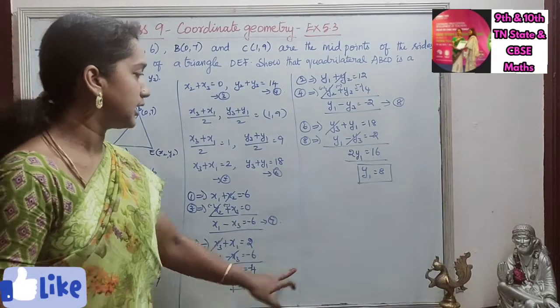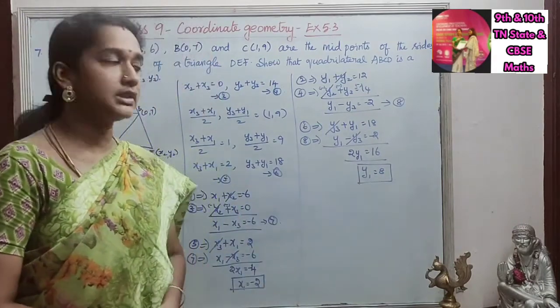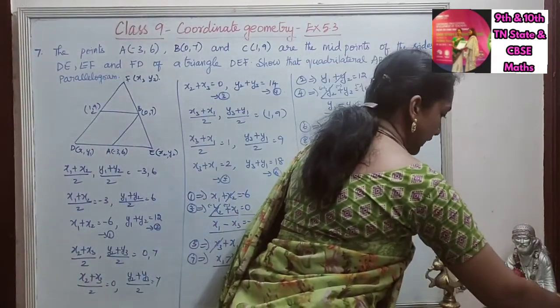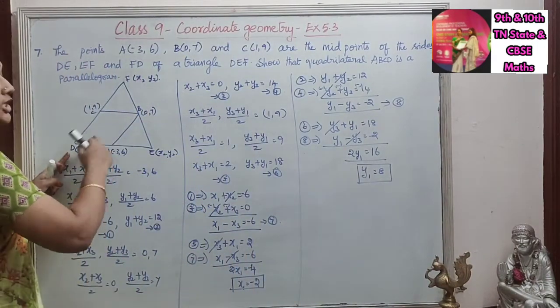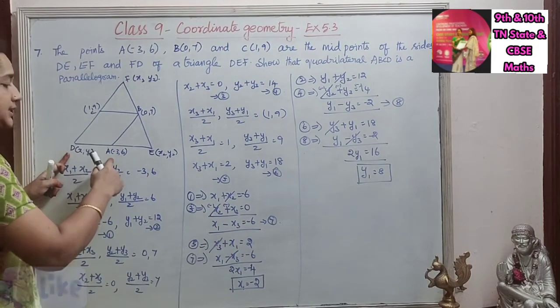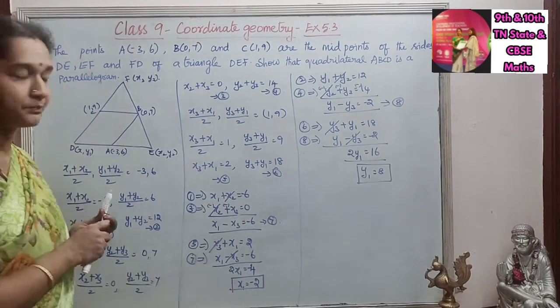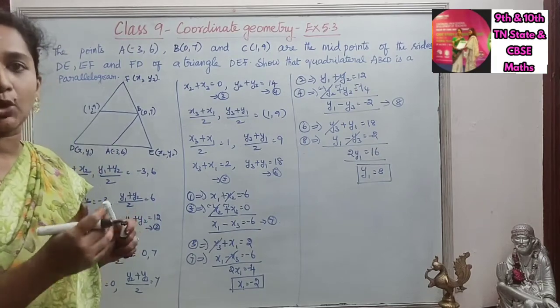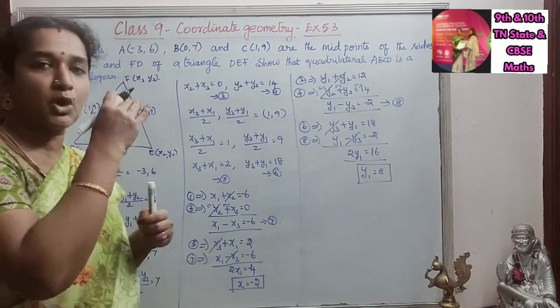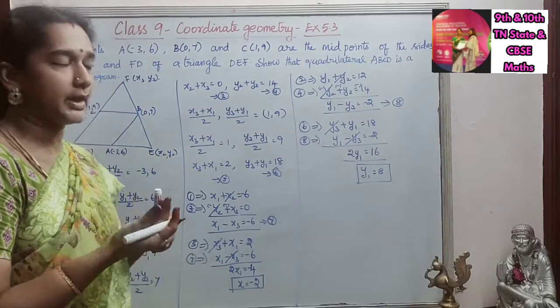So x1 is minus 2 and y1 is 8. So after getting this, we got the value for this point. Now we will check the midpoints of this quadrilateral ABCD. So BD and AC are the diagonals. When we equate the midpoints, if they are equal, then we can say that it is a parallelogram.